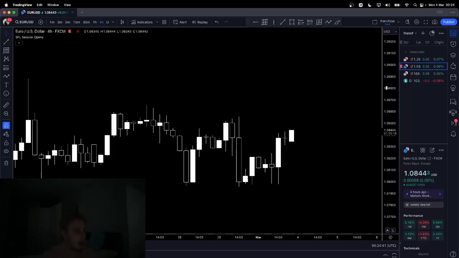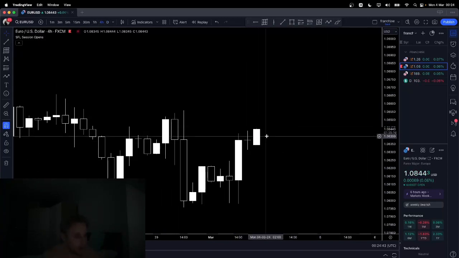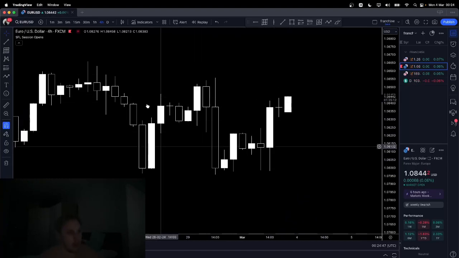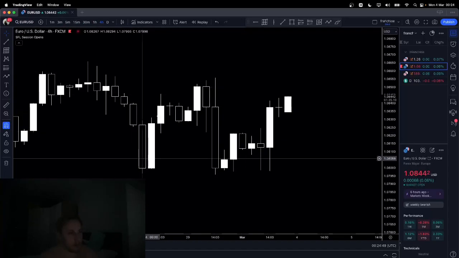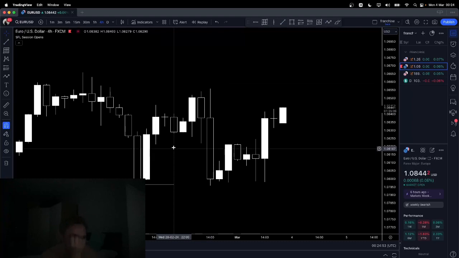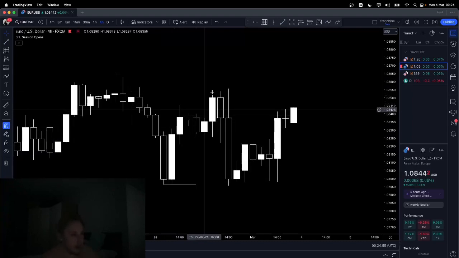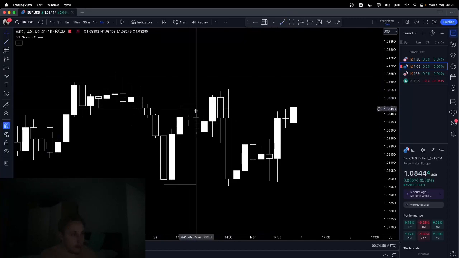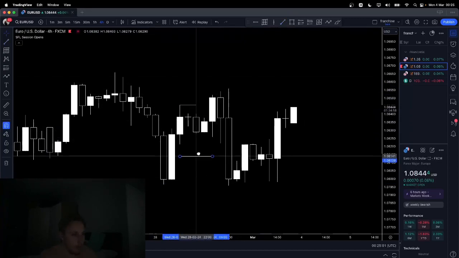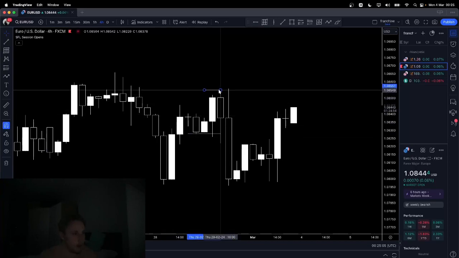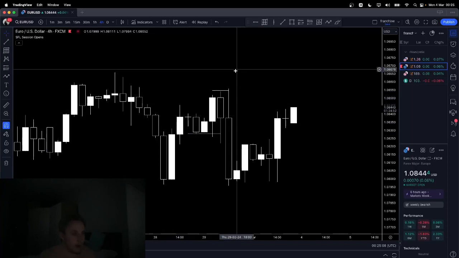On the 4 hour though, ignoring this candle, we'll start from here: move down, move up. That's a low. Move up, then a move down, that's our high. Move down, then a move up, that's our low. Move up, then a move down, that's our high.